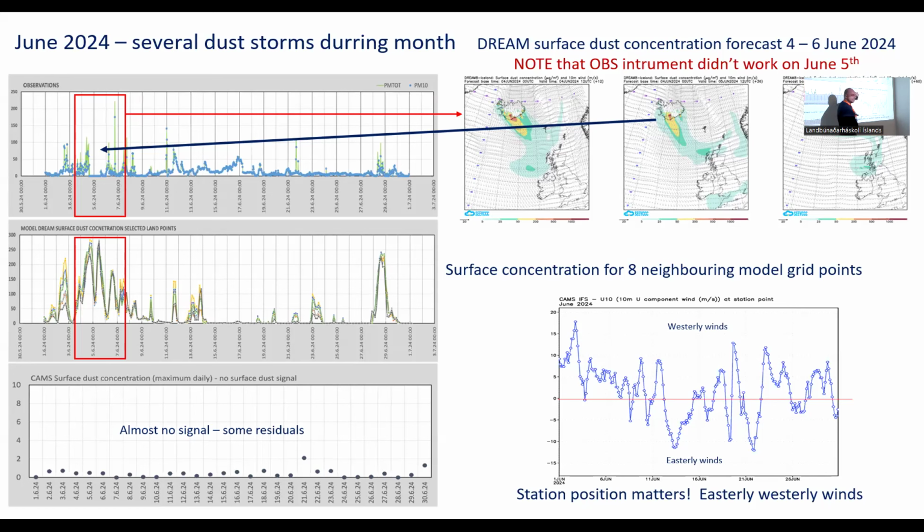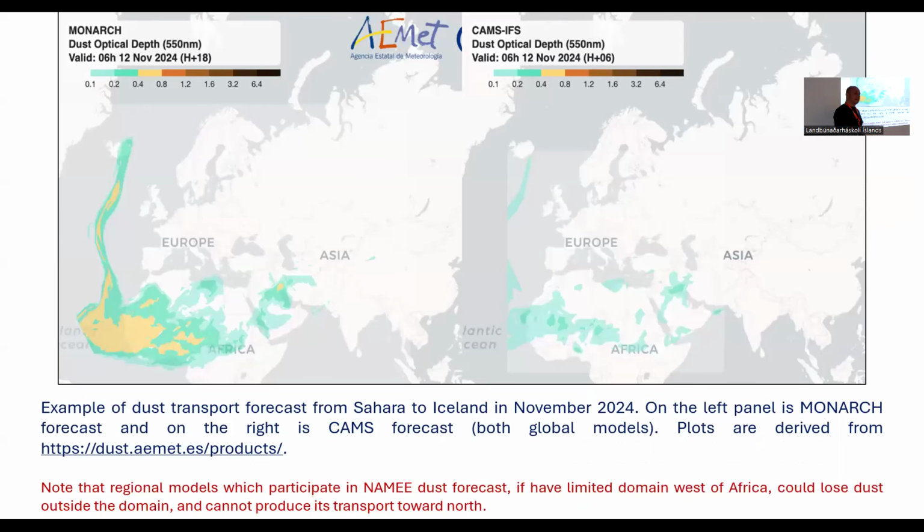So if you have this hotspot, winds from here will not be caught if you have your instrument here. So you have to position your equipment ideally in the center of the dust hotspot.